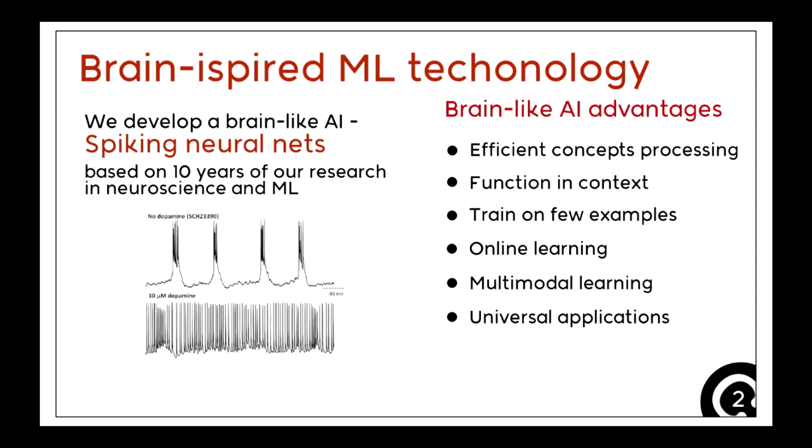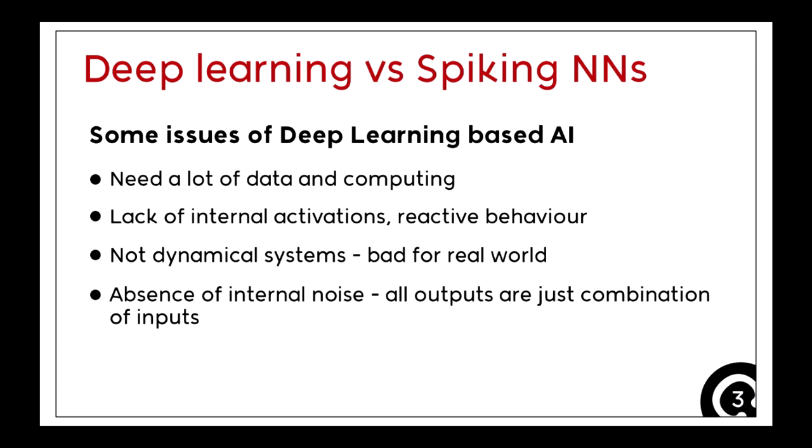And spiking neural networks, in difference with regular deep learning, operate with essentially spikes, like our neurons in our brain. And we do this research in our company now.